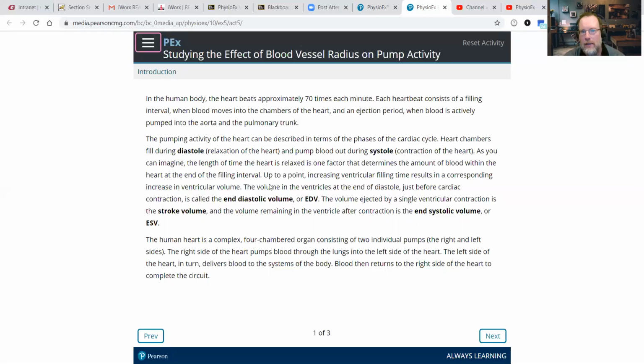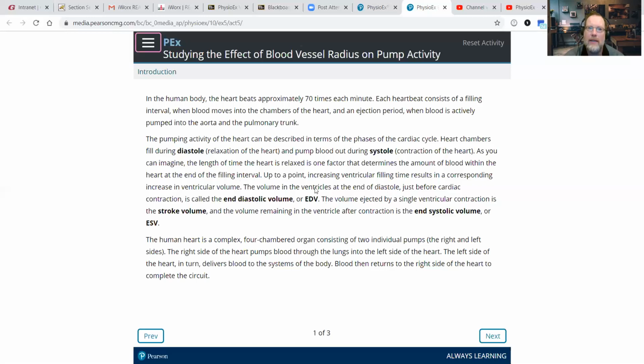As the ventricles are filling, we're going to have a volume in the ventricles at the end of filling. Just before the contraction, we have what's called end diastolic volume.